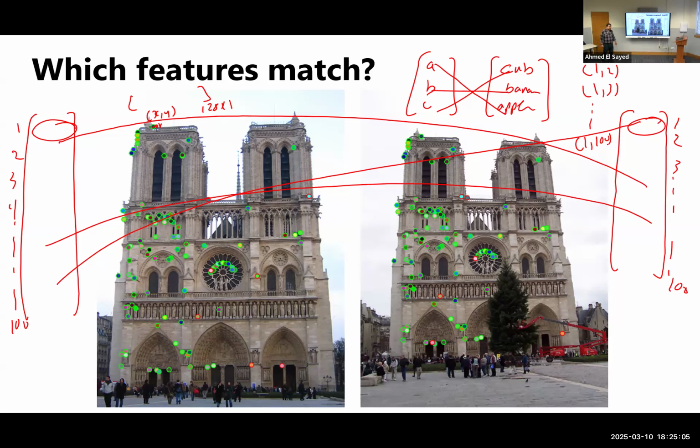Like 100,000? Or 10,000? What's the range we're talking about? Is it like millions?